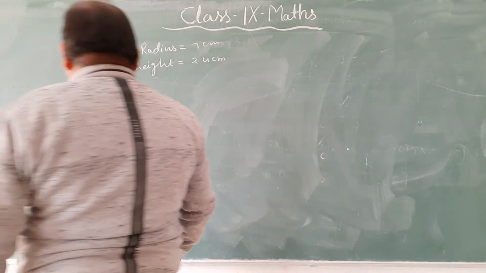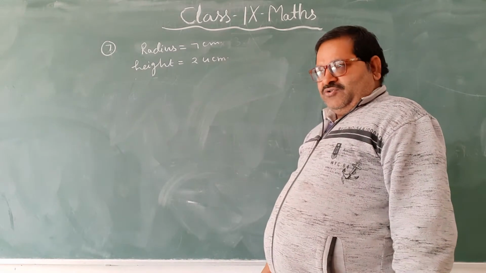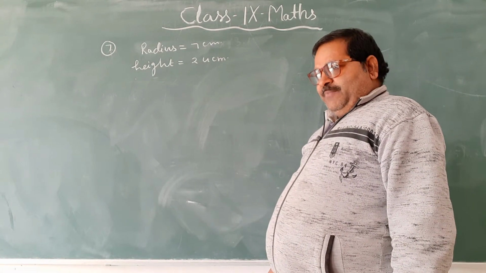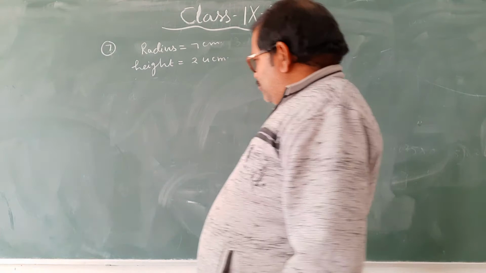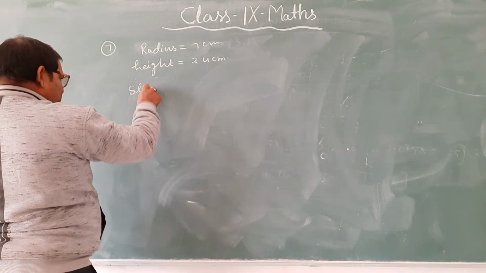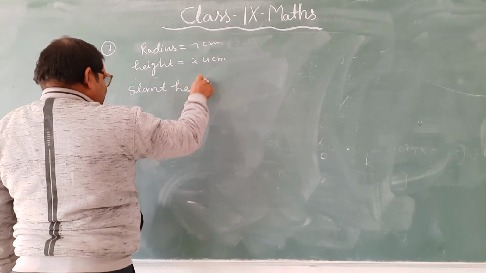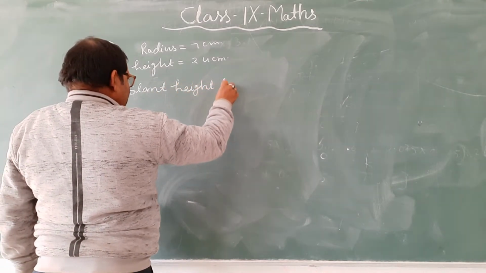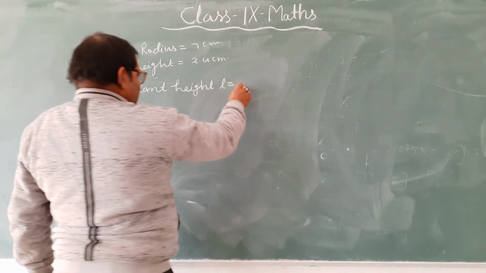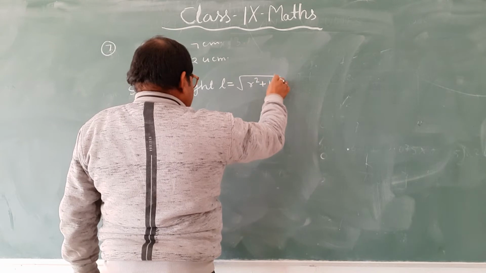First we find the slant height of the cap of the joker. So the slant height L equal to under root r square plus h square.